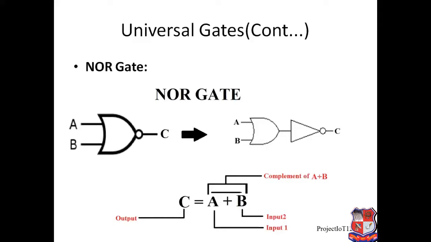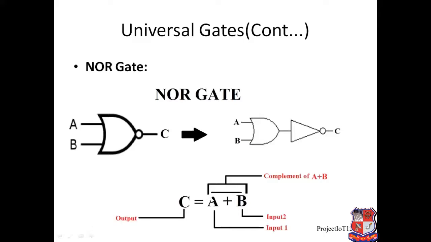So my final output C is equal to the complement of A plus B. Here the bar is nothing but a complement.